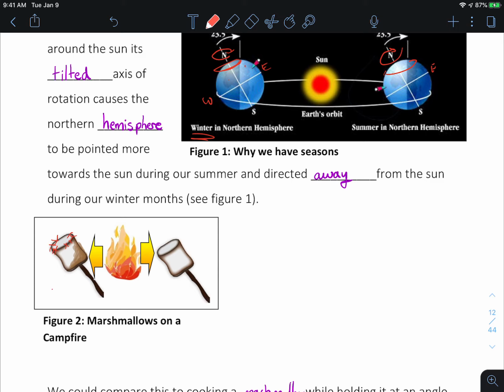And so during the winter, we receive less of the heat. In the summer, because we still reside on the top of the marshmallow, we are going to receive more of the heat from the sun, and so our section of the Earth is receiving more heat on average, and so it will be hotter and more cooked up top, and that's why we call this time summer.